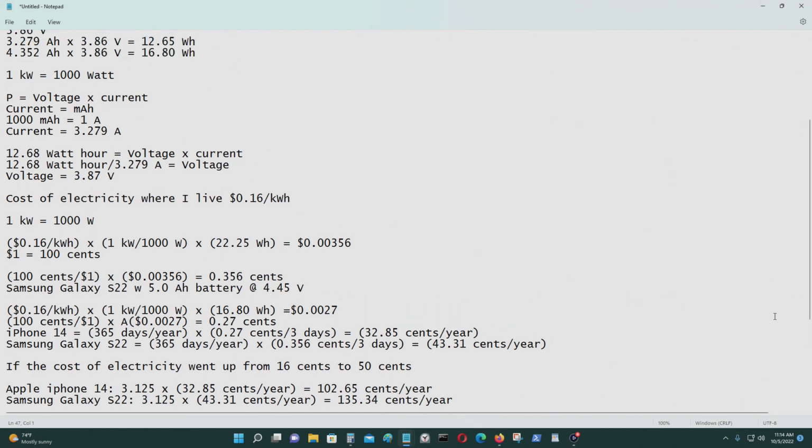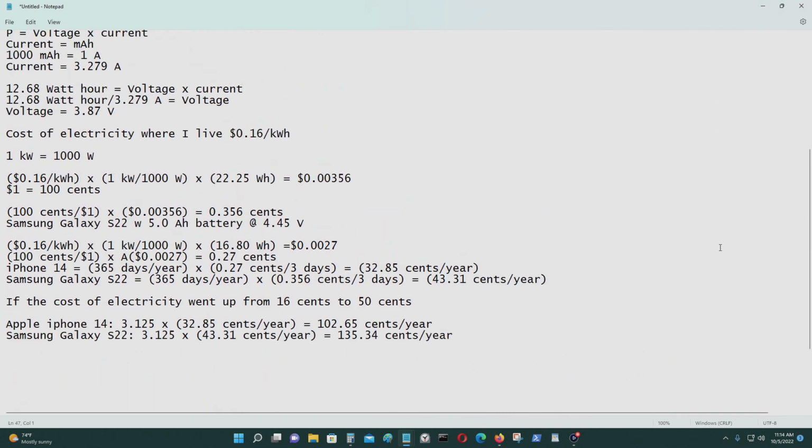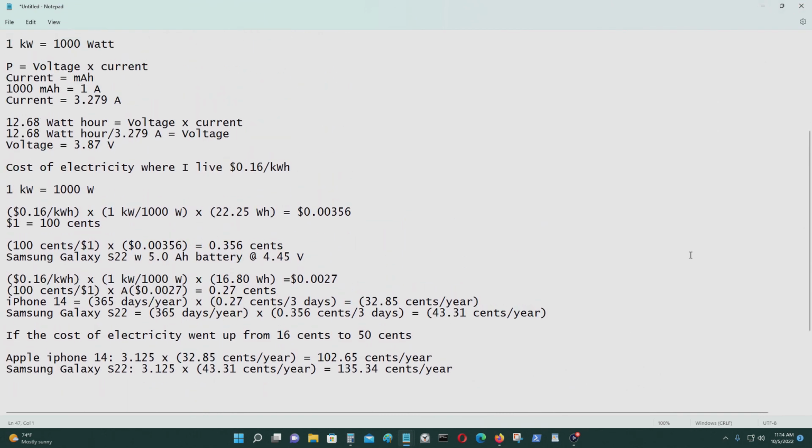It doesn't cost anything to charge your smartphone or mobile devices. So this is your answer.